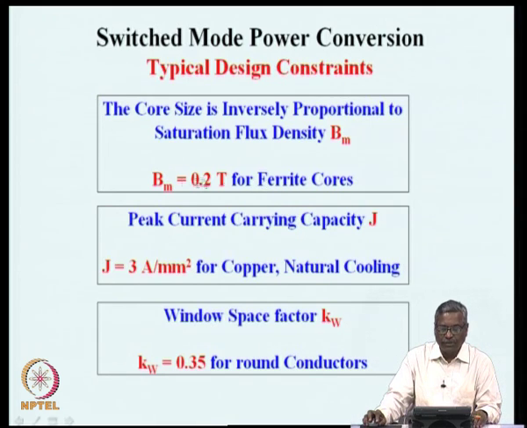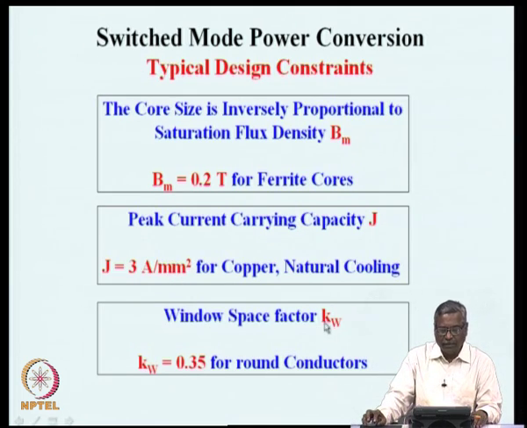Ferrite cores have a typical maximum flux density of 0.2 Tesla. Copper invariably is the conducting material, and in natural cooling, where you do not use fans or any other medium for cooling, the current carrying capacity will be about 3 ampere per millimeter square, or 3 into 10 power 6 ampere per meter square, if you want to use the correct units.